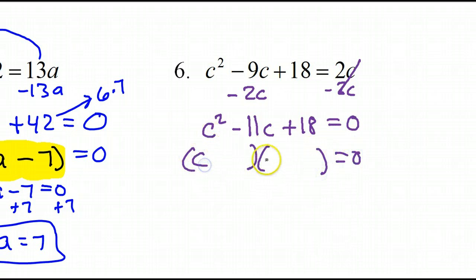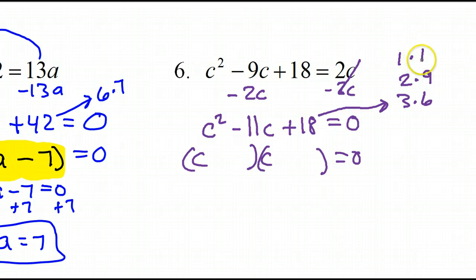So c squared is c times c. 18, there's a couple ways to get 18. There's 3 times 6, and there's 2 times 9, and of course there's even 1 times 18. But looking at the middle of negative 11, which one of these do you think I'm going to use?